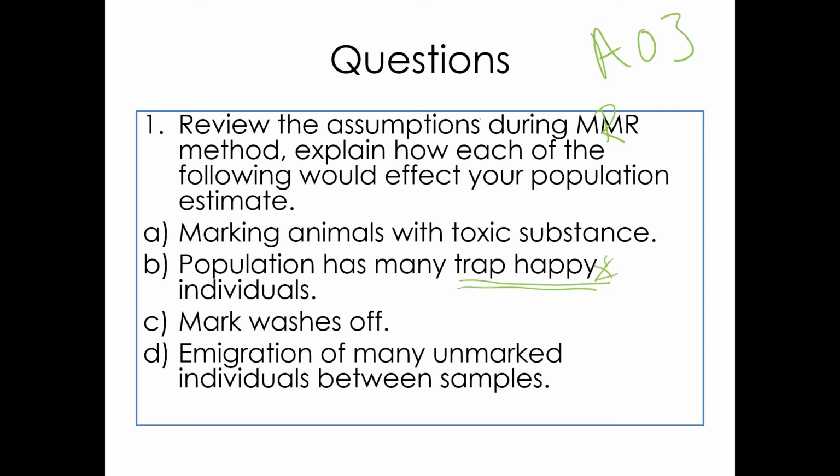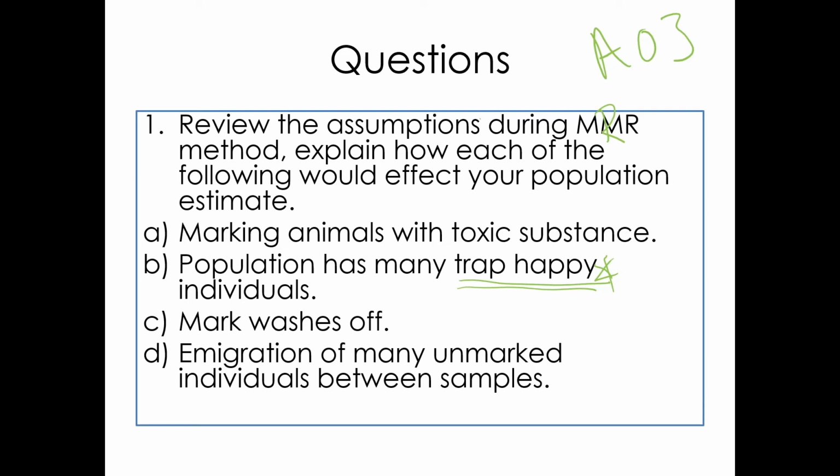This sometimes happens with small mammals, when the trap's such a nice place to be, there's food, it's warm, that once they've experienced being in a trap, they seek them out and are much more likely to be trapped a second time. So how would that affect our estimate?